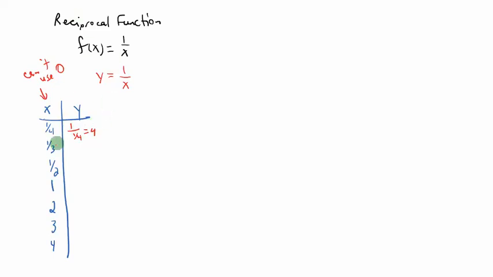And similarly, 1 divided by a third is 3, 1 divided by a half is 2, 1 divided by 1 is 1, 1 divided by 2 is a half, 1 divided by 3 is a third, and 1 divided by 4 is a fourth. And so you can see why this is called the reciprocal function. The x and y values are reciprocals of each other all the way through. Okay, let's take these points and plot them and see if we can understand what's happening.